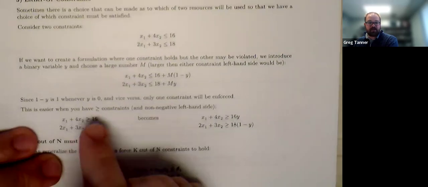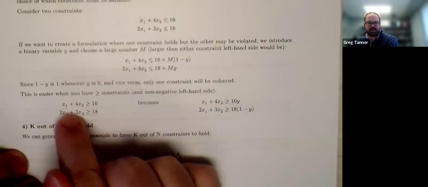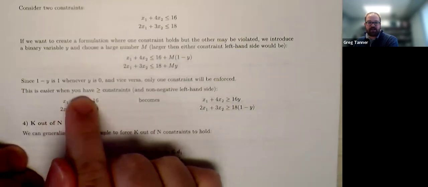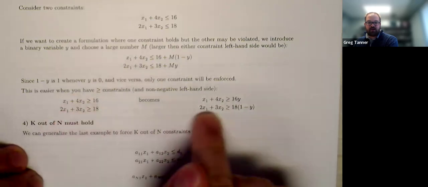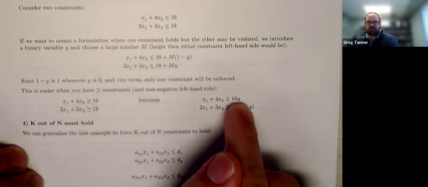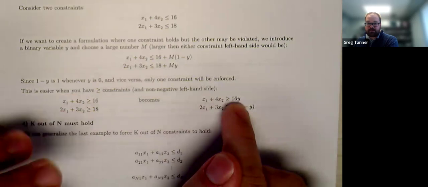When you have greater than or equal to constraints, and as long as you have non-negative numbers on the left side, then it's actually a little bit easier. If you're going to say either this or this, you just multiply by the y, or the 1 minus y. And if y equals 0, then we're just saying that the left-hand side needs to be greater than or equal to 0.